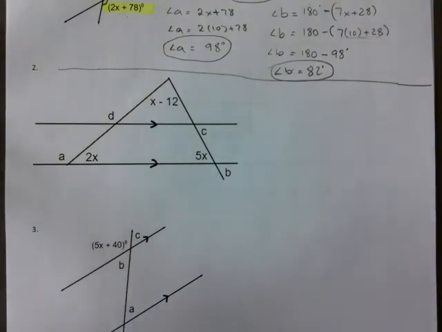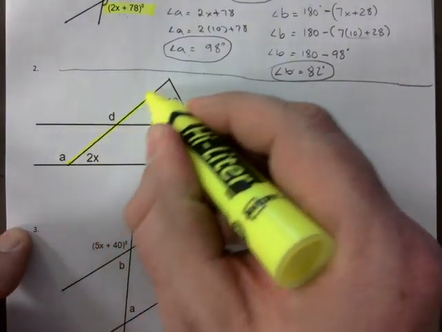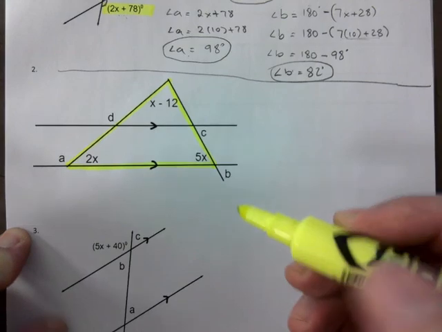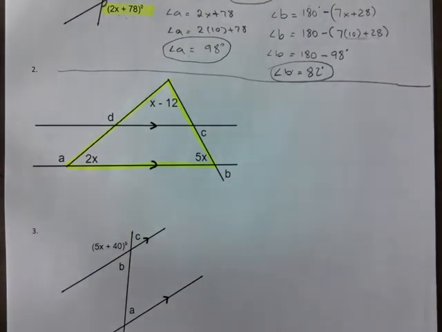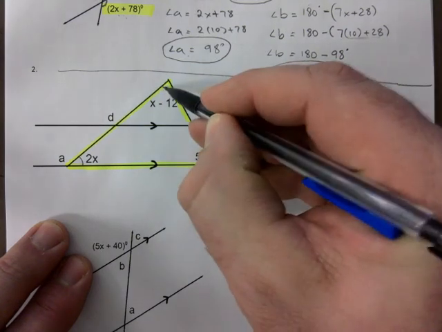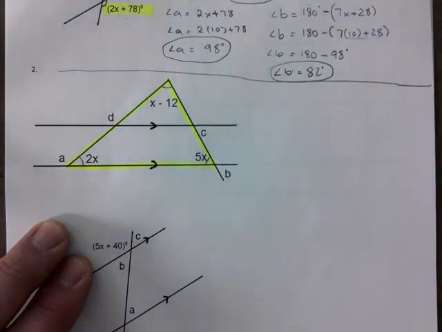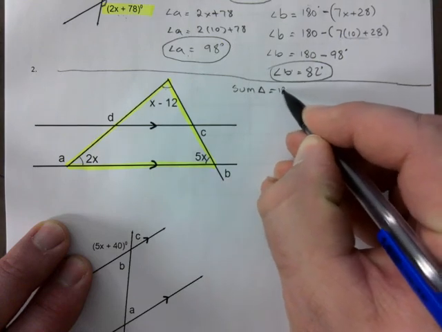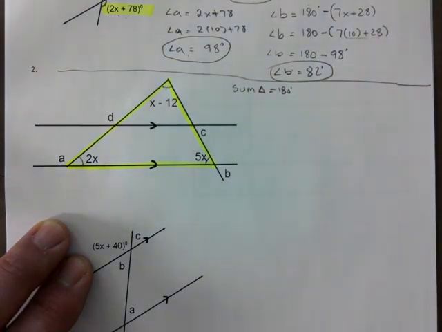You see this triangle here? Now you see it, right? And so you identify that, right? These three angles here must add up to 180, okay? So I'm going to use the sum of angles in a triangle equal to 180 to get me started there.